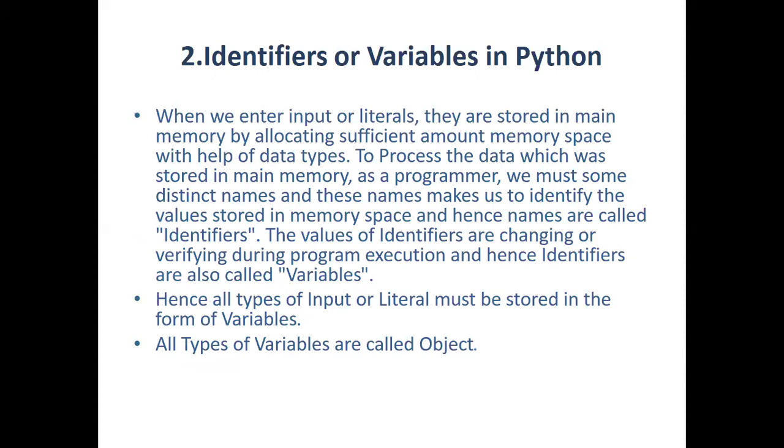In order to process that data stored in main memory, as programmers we need to use some distinct names, and these names make us able to identify it. Just a second.